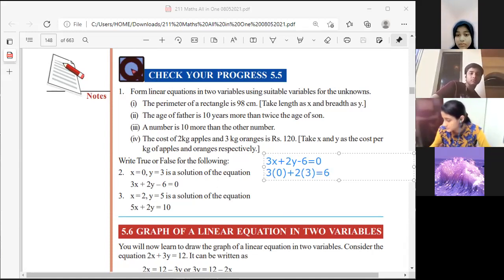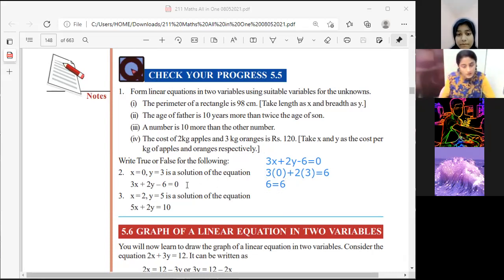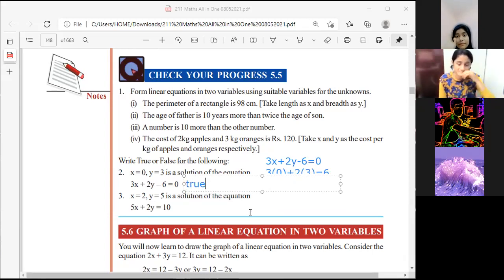So minus 6 will go there, it will become plus 6. Am I right? 3 multiplied by 0 is going to be 0. 2 multiplied by 3 is going to be 6. So 6 is going to be equal to 6. Is it true or false? True. So we will consider this statement to be true.